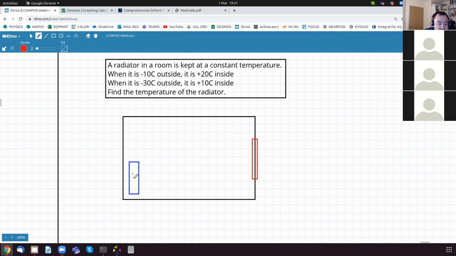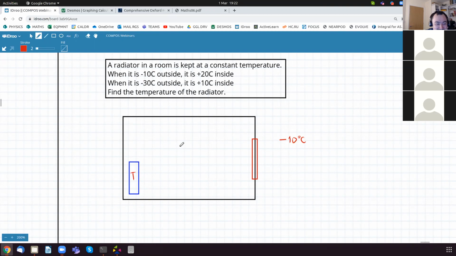So the radiator is at a temperature T. And when it's -10 degrees Celsius outside, you can understand where this question is coming from. It's where the climate is quite cool, perhaps Canada.